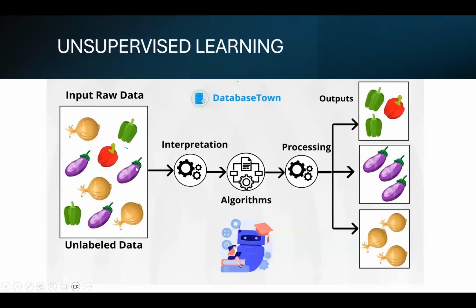In unsupervised learning, it also learns a relationship, but it's just creating similarities and separating the different inputs into different groups. Is that clear? Very clear. Okay, thank you.